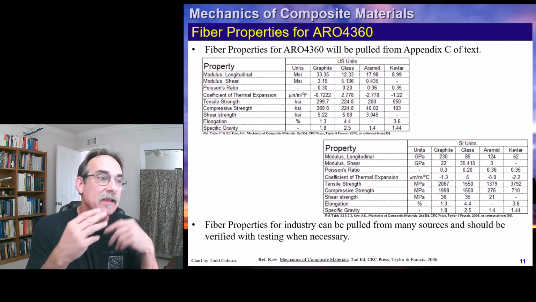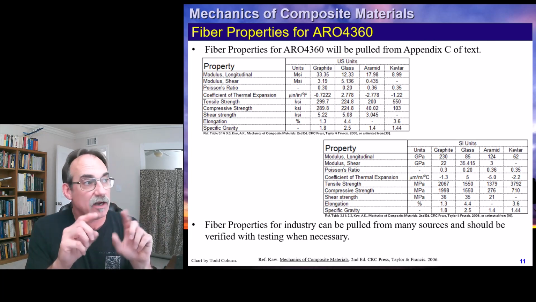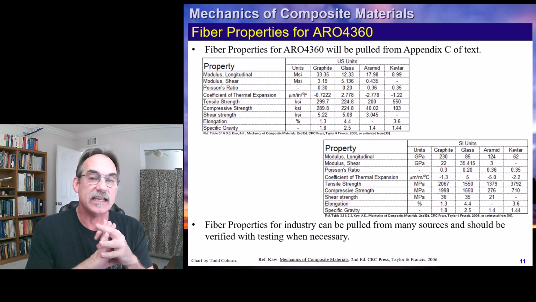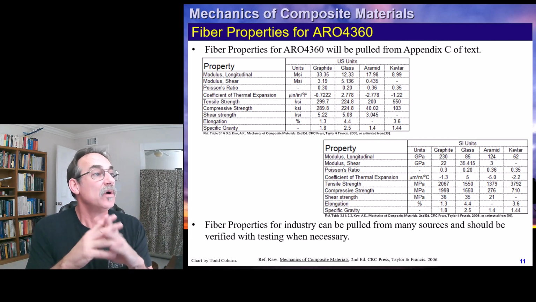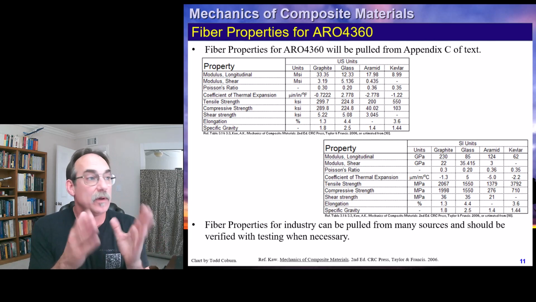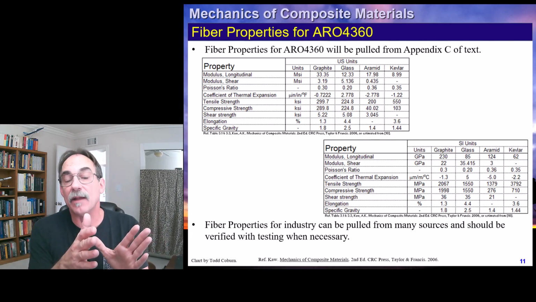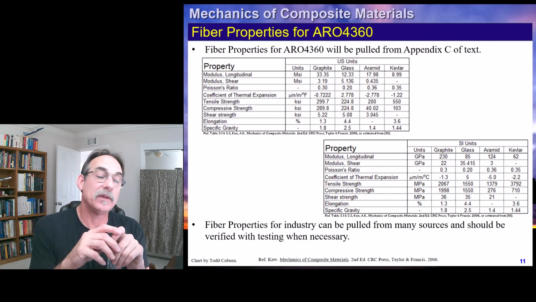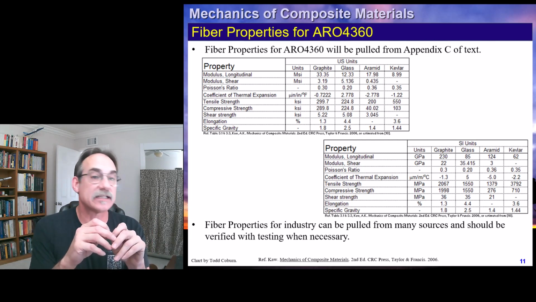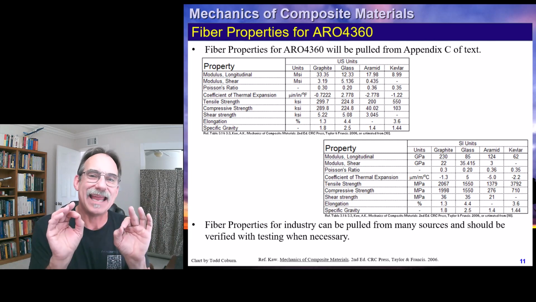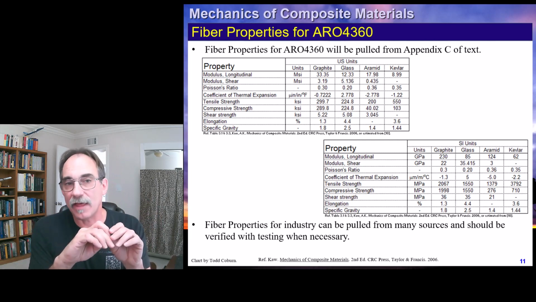And because I developed a lot of content around these properties, I'm reporting and using these for my class. So we've got graphite, we've got glass, we've got aramid fibers, we've got Kevlar fibers. In the future, I will probably add more properties to my text and to this class. Right now, these are the ones we're going to be playing with as we learn our methods.